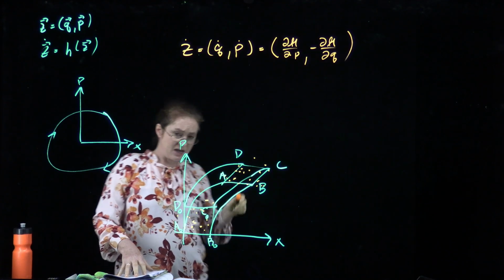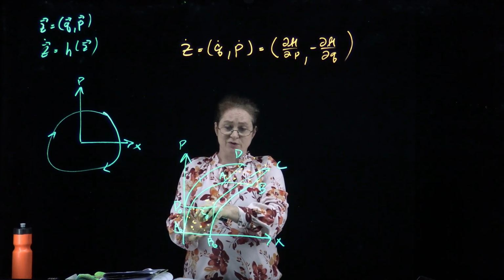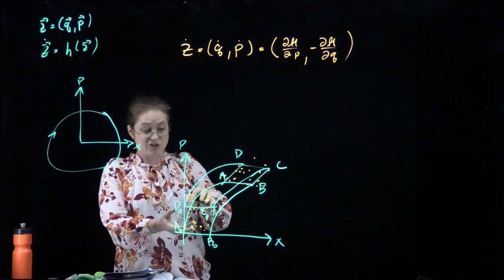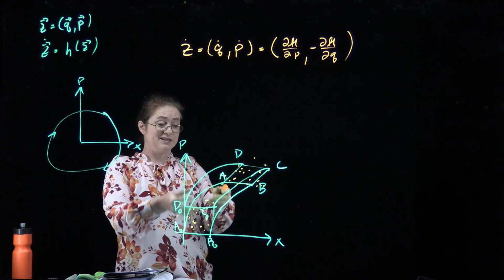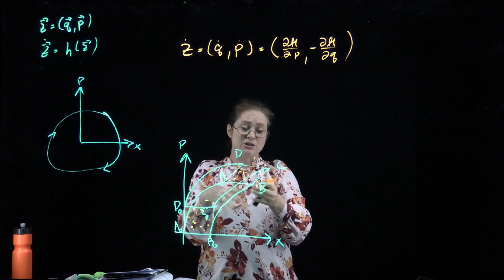So it turns out that this cloud of different points can change shape and orientation, but it can't actually change volume.